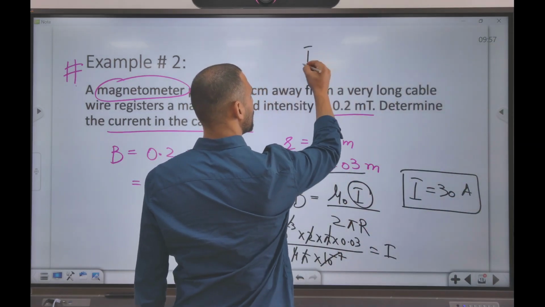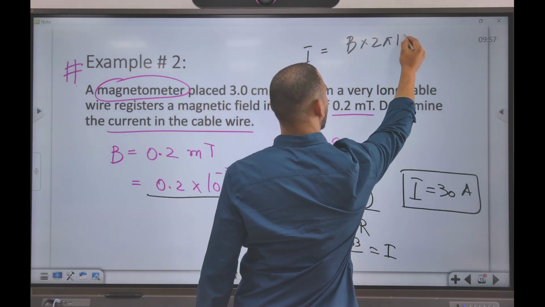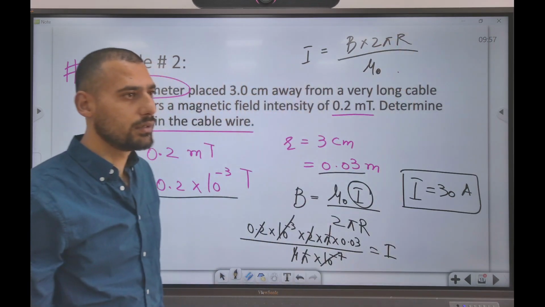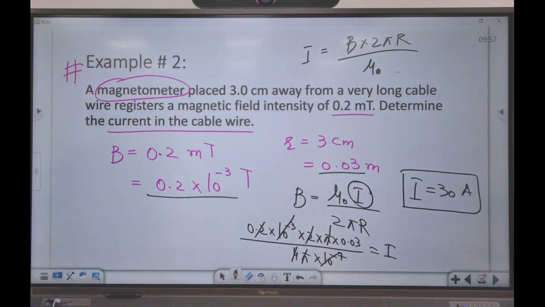So current is equal to magnetic field times 2 pi r upon mu naught. Now put the values. Put the values again. You will get the result.